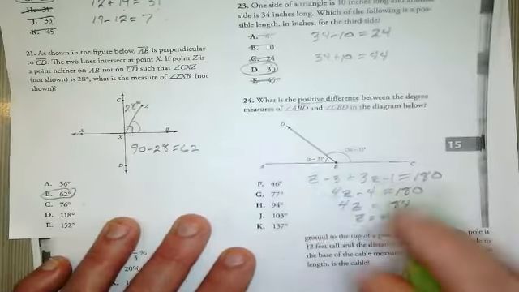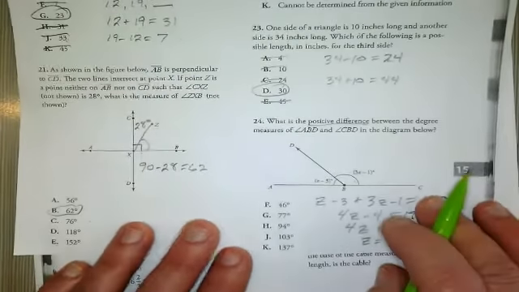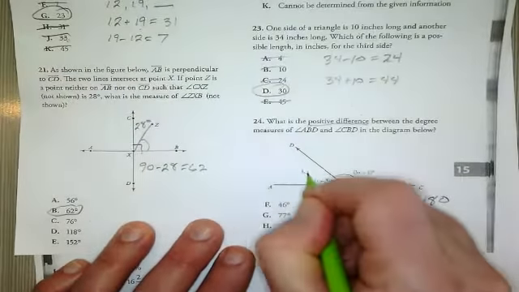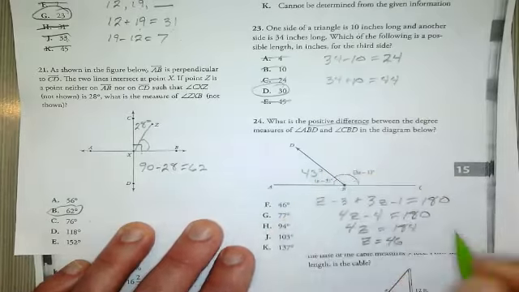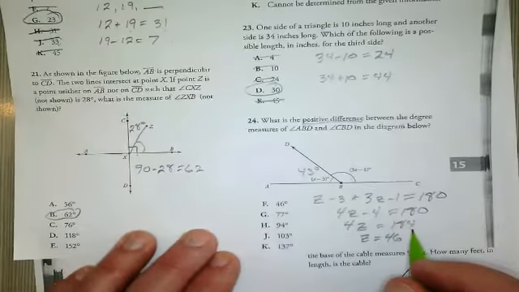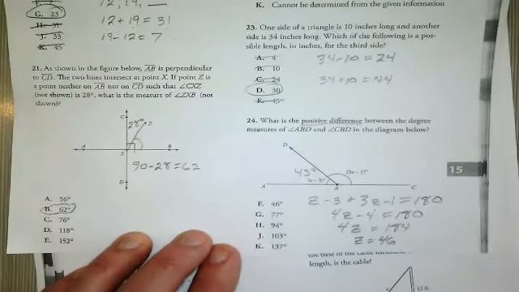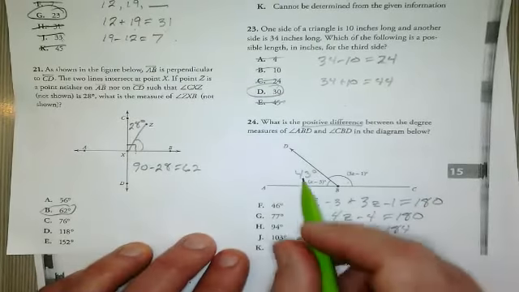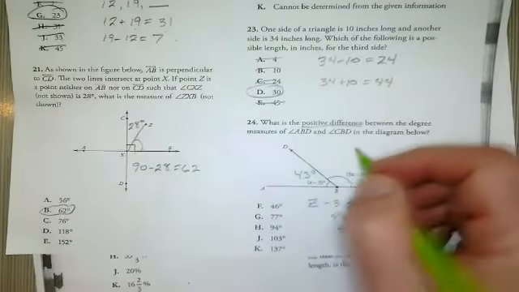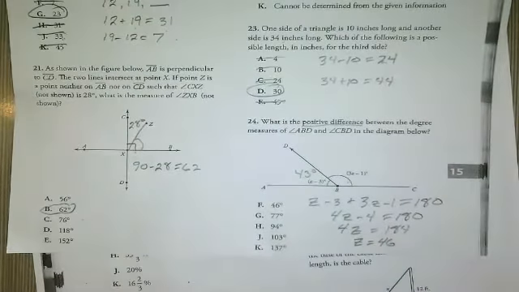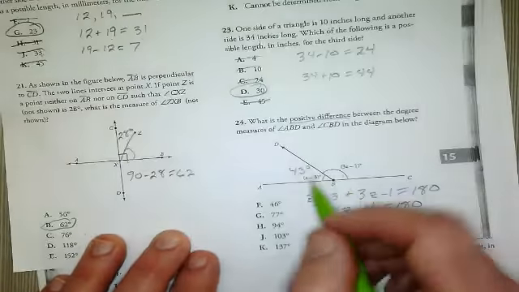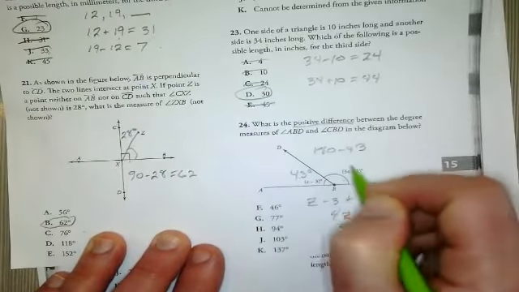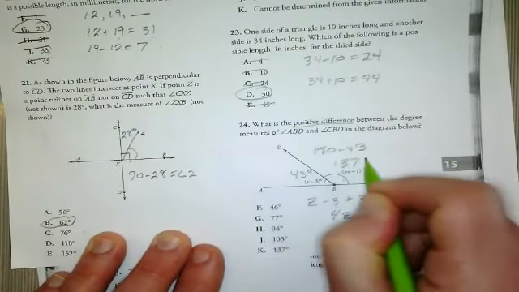Okay, so then we plug in our numbers. We plug this in. 46 minus 3 makes this angle 43 degrees. All righty. Then this angle is 180 minus 43, so that makes this angle 137 degrees.